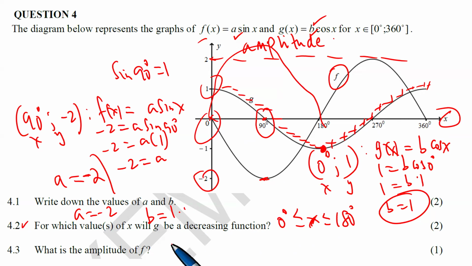Right. What is the amplitude of F? Now, F is this one. What is the amplitude? It's a vertical distance. Now, the amplitude is always positive, so the amplitude is 2.